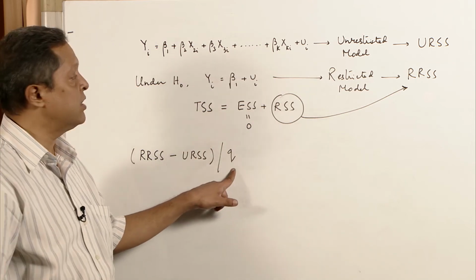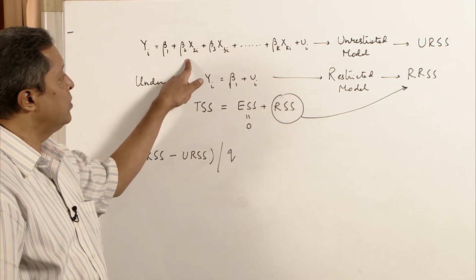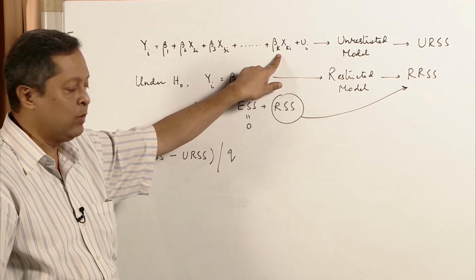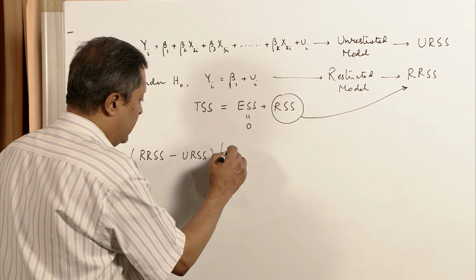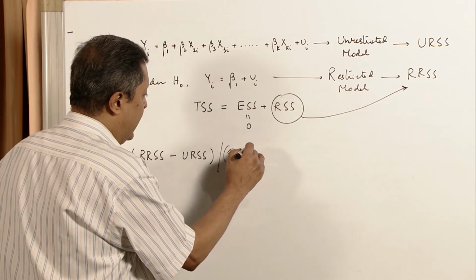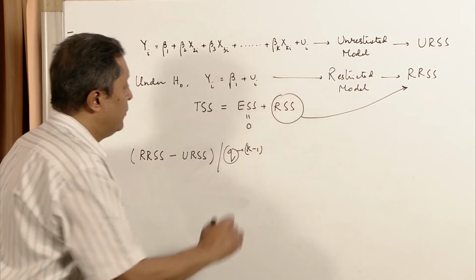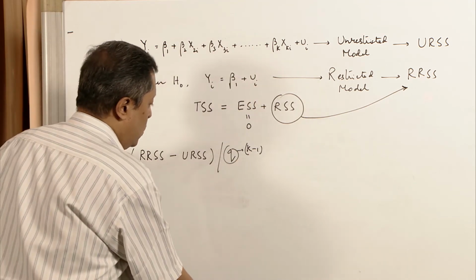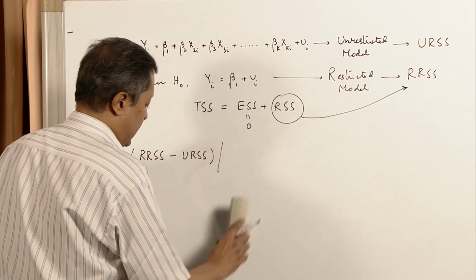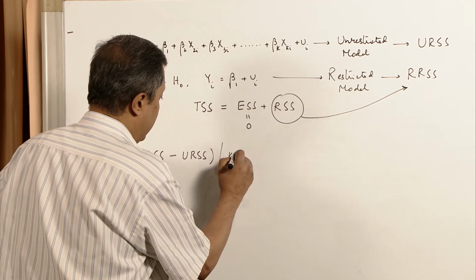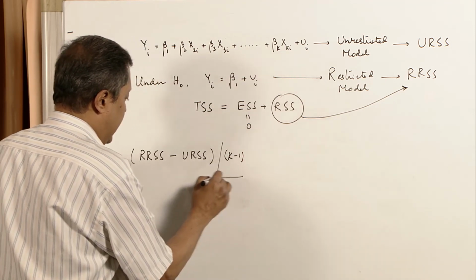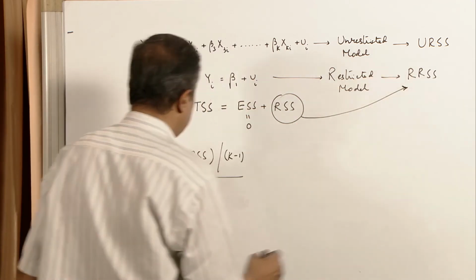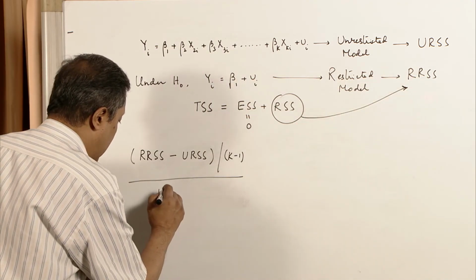Here, how many restrictions do we have? Beta 2 equal to 0, beta 3 equal to 0, and so on up to beta k equal to 0. So, this q here will be equal to k minus 1, from beta 2 to beta k. So, we replace this q with k minus 1, and in the denominator we have our familiar unrestricted residual sum of squares.